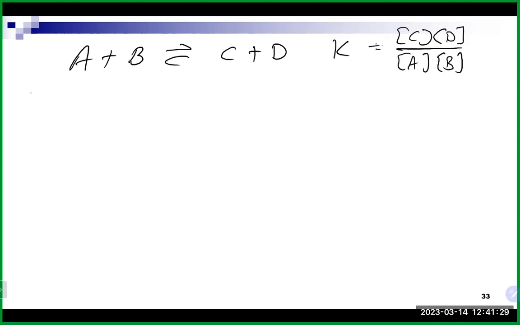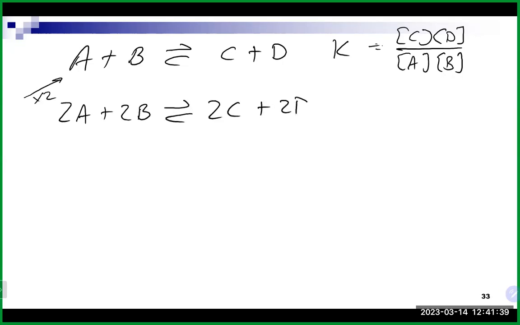We would then need to take this reaction and multiply it by 2. And that would give us 2A plus 2B goes to 2C plus 2D. If we wrote the equilibrium expression for that reaction, where we just distributed a 2 to everybody, we would get the concentration of C squared, D squared, A squared, and B squared.